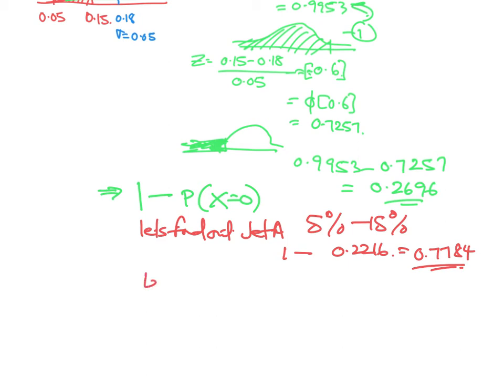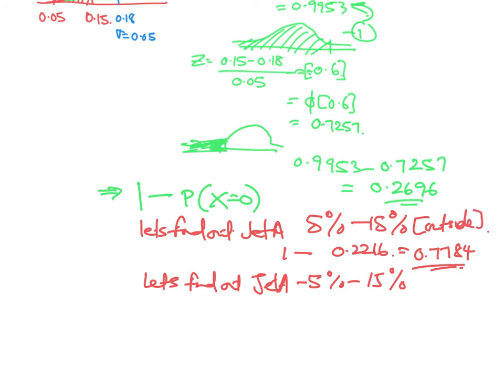So again, let's find out for jet B, outside the 5% to 15% region.